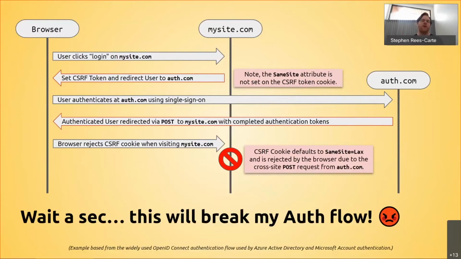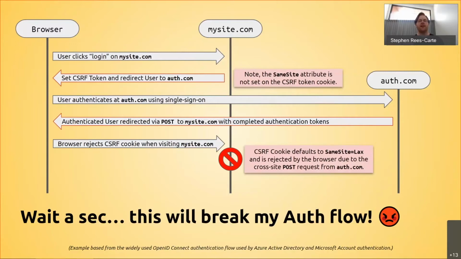So the way that flow works is the user clicks the login on mysite.com, and that sets a CSRF token in a cookie, and it redirects the user to auth.com. So the user's browser visits auth.com, the user authenticates and does the single sign-on there. And then that redirects the user back to mysite.com as a post request with the completed authentication tokens.